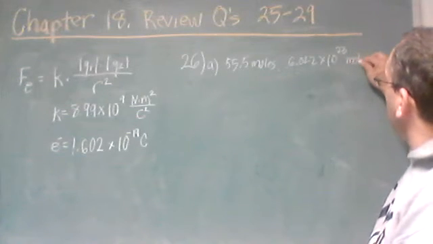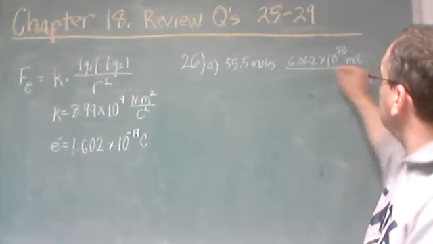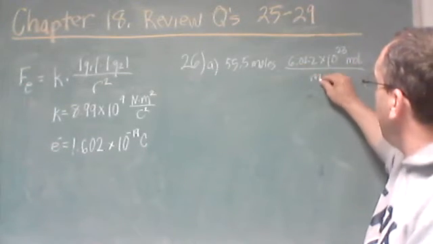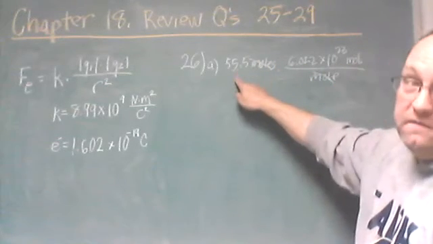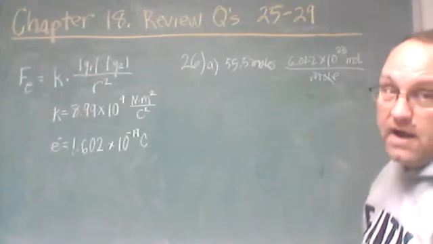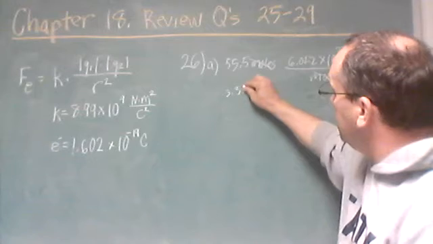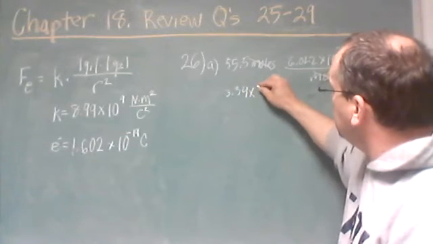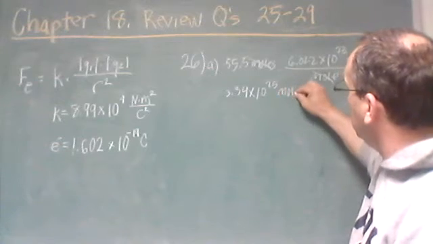So I'm going to abbreviate that MOL period, molecules per mole. We see the moles cancel. It's just 55.5 times Avogadro's number. We get 3.34 times 10 to the 25th molecules of water.